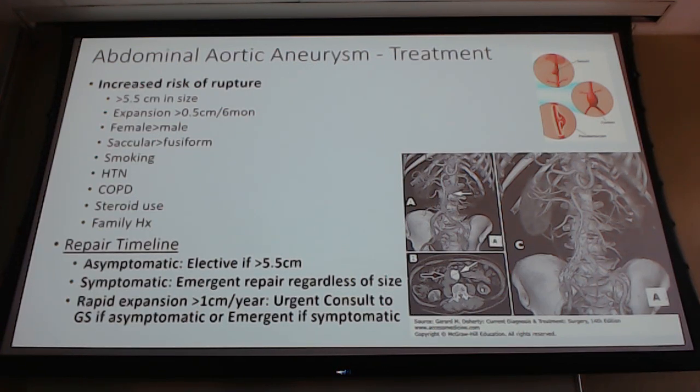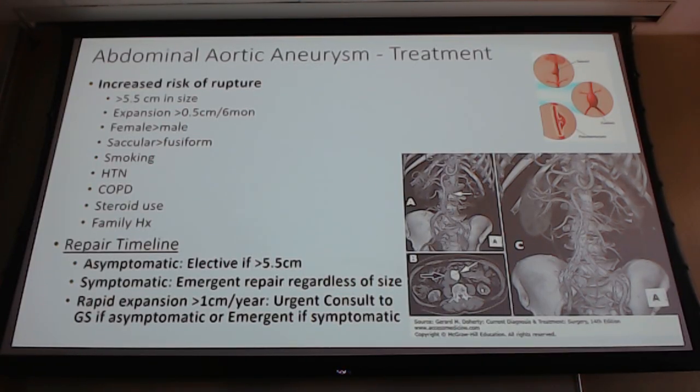So if your patient is asymptomatic and the aneurysm is greater than 5.5 centimeters, we are going to do an elective repair. You send them to a routine vascular surgeon consult.